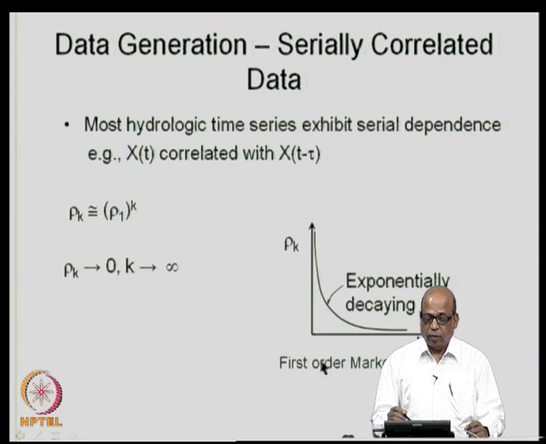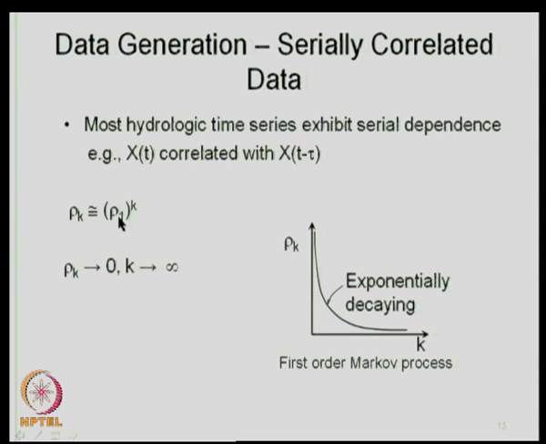And we introduce the concept of a first order Markov process, where rho k is exponentially decaying, that is, rho k can be approximated as rho 1 to the power k, where rho 1 is the lag 1 correlation, and rho k tends to 0 as k tends to infinity. So, for a theoretical first order Markov process, you will get a correlogram which has an exponentially decaying shape like this.